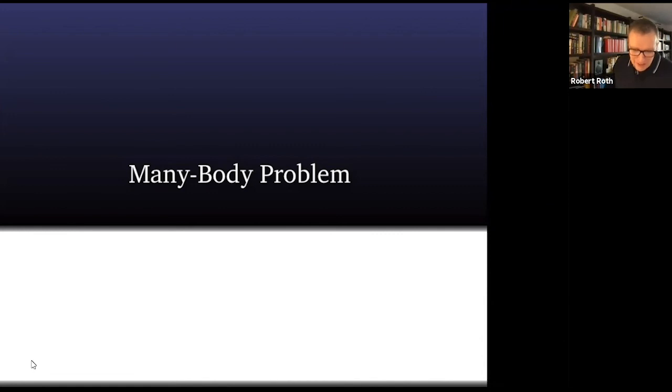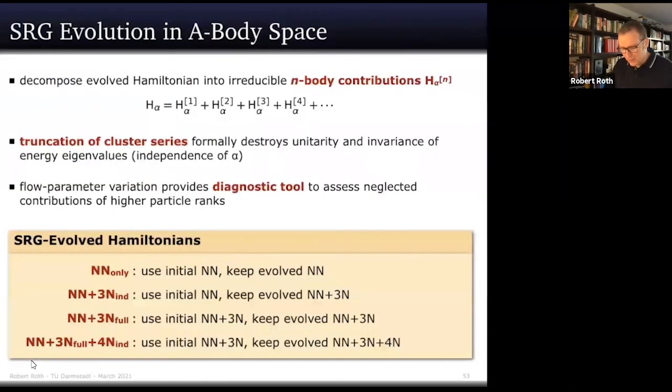We will come to that later when we talk about normal ordering, Wick's theorem, and the so-called in-medium similarity renormalization group. That's an option. So you can absorb part of these multi-body terms in the evolution into lower rank, say 2-body operators, by using normal ordering. But the thing is, you have to implement that at the level of your flow equations directly.